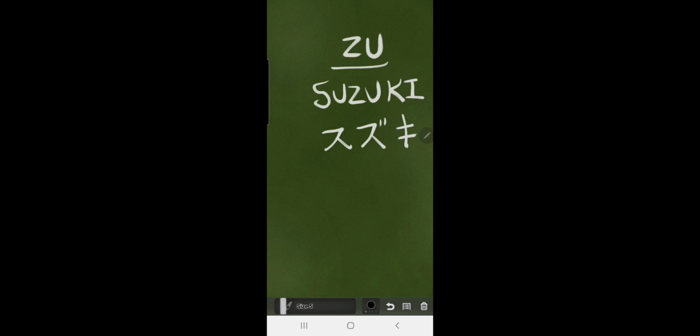But let's say that Suzuki is your last name in Japan. You will not write it in katakana. You will write it in characters. And the two characters that you're more than likely going to see for Suzuki are these two.